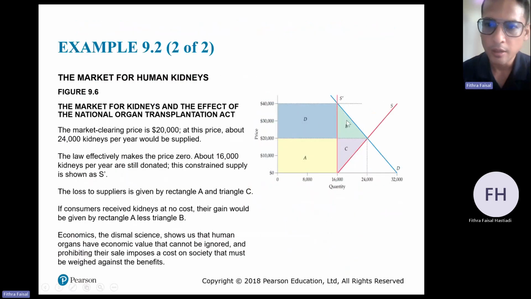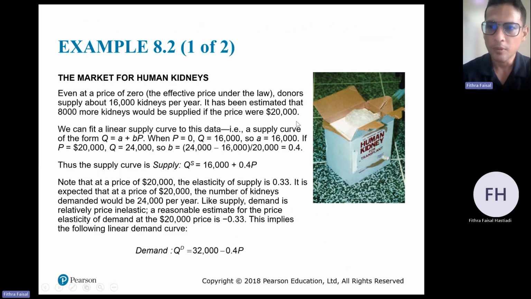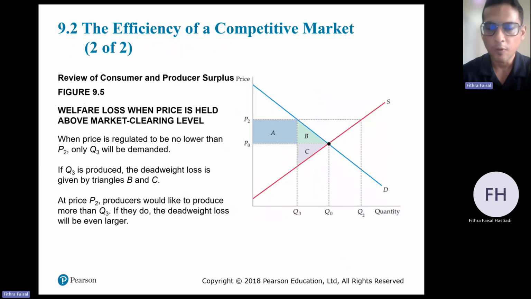Okay, here, from the original version over here, the welfare effect should be A minus B minus C, which is quite big. If you compare between A, B, and C, maybe we will be facing a surplus over here.